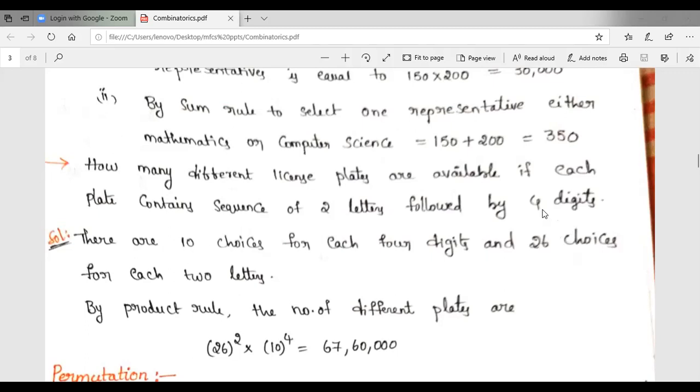So that can be written as 26 squared into 10 to the power 4. Totally, we have 67 lakh 60,000 possibilities.